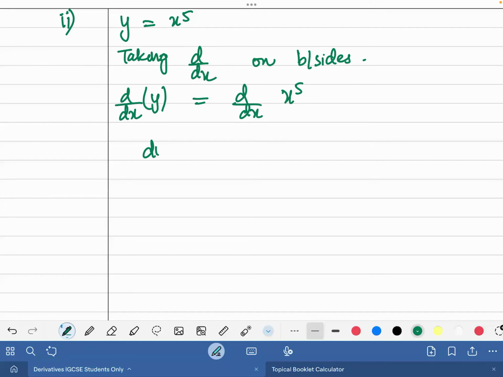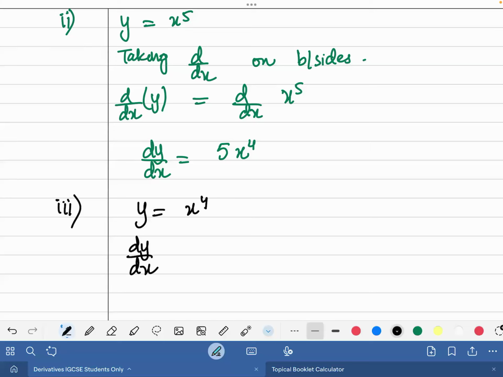So the answer would be dy by dx is equal to, power comes down and power में से एक minus. Understood? Power comes down and subtract 1 from power. Okay, now anyone, please try. y is equal to x^4. What would be the derivative of this? dy by dx is equal to what? 4x cube. Very good. 4x cube. Power down, power में से एक minus. So you have to remember only one thing here.